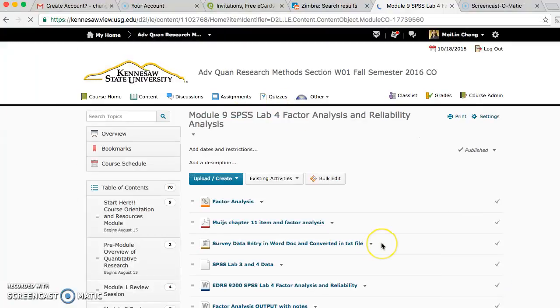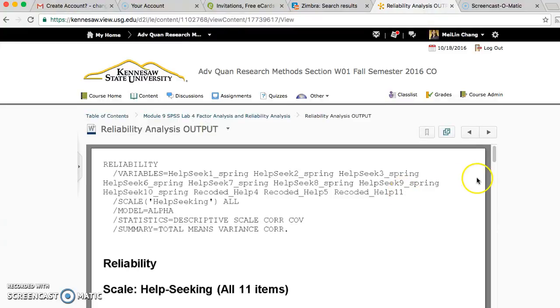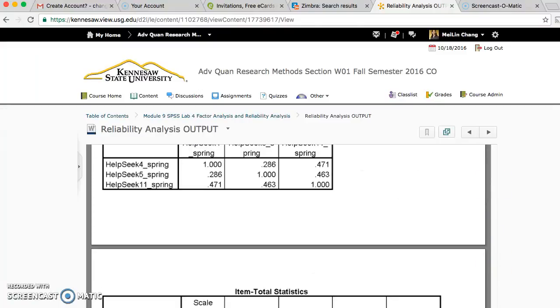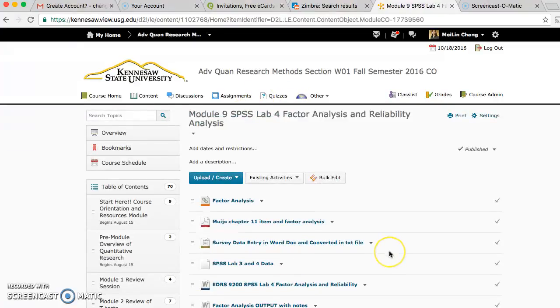I think I also have another example. I believe it's under one of the outputs that has an example of how to write up. Let me check if it's under reliability. If not, you can probably go back to one of the other handouts.